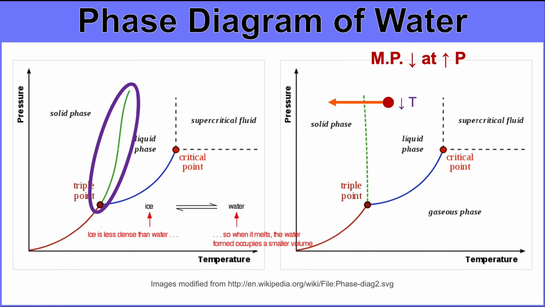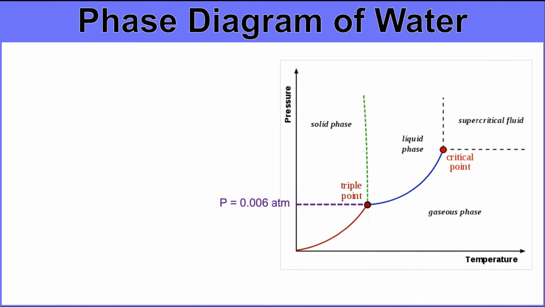Okay, so notice that the triple point for water occurs at a very low pressure. This one is just 0.006 atmospheres, far below the normal atmosphere, which is 1, and at 273.15 Kelvin.